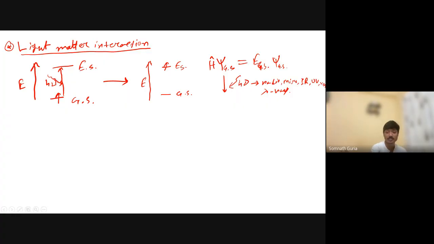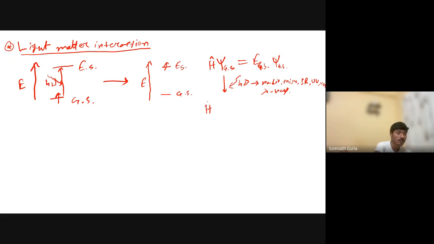In that case, our Hamiltonian operator should change because of the excited state. All the parameters for my molecule, my orbitals, which are defined in nature, should change to a different Hamiltonian operator, which is called H dash.